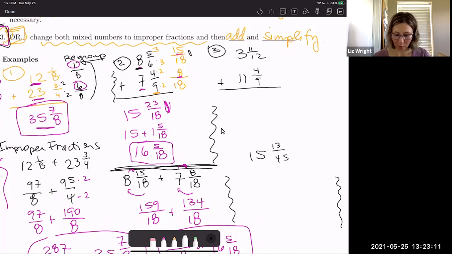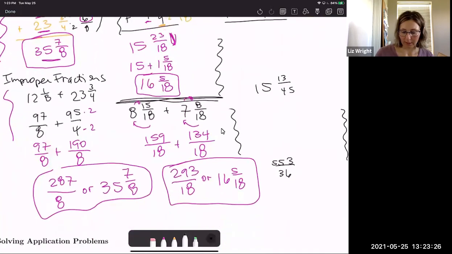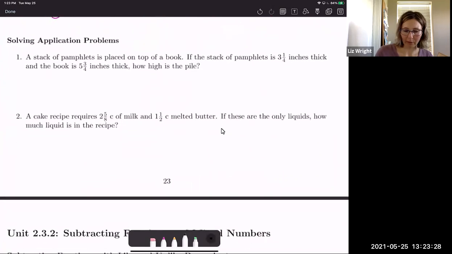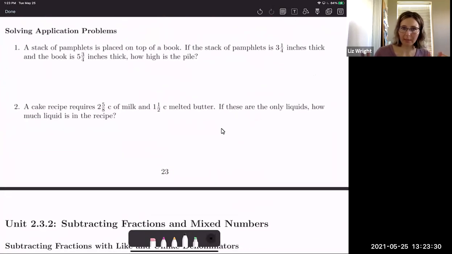And then down here, once you're adding it, you should end up with 553 over 36. And then you're expressing that also as a mixed number. So I want you guys to do that one. And if I was you, I'd pause the video right here and go do those problems and then come back and do these two with me.